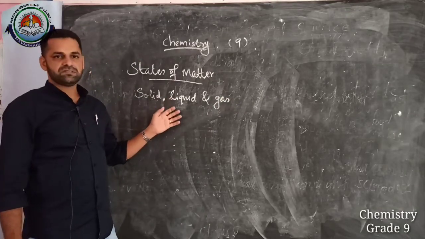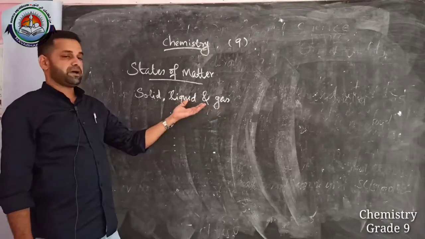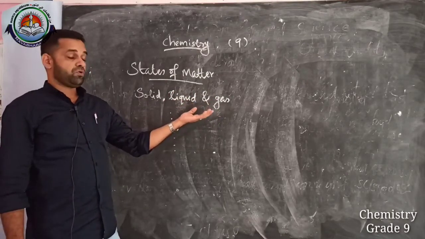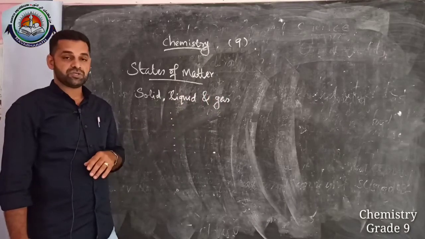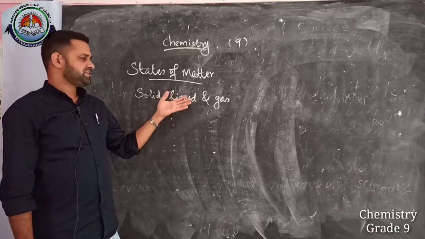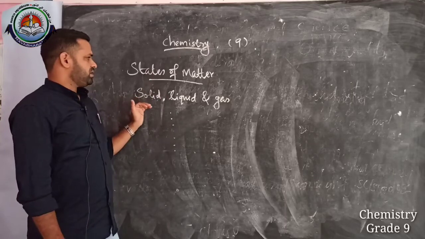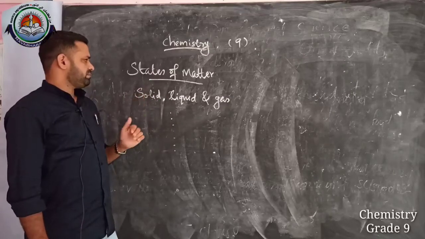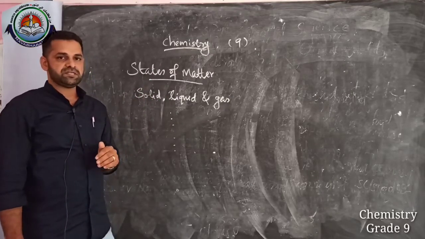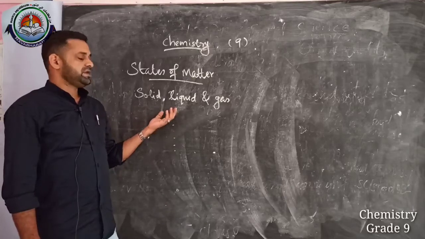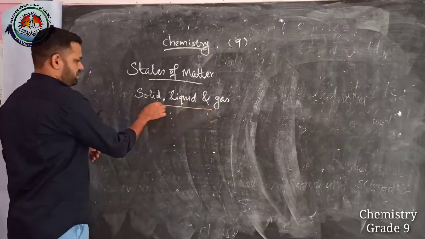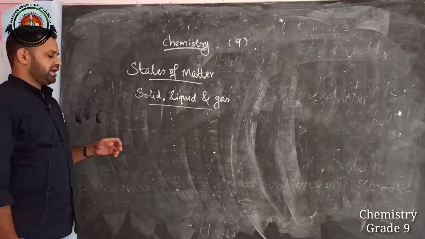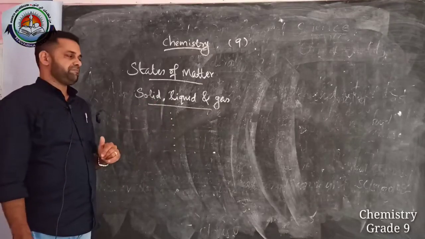Matter can exist in other forms also, that is plasma state, then Bose-Einstein condensate, etc. But generally, normally, matter can exist in three states, that is solid, liquid and gas.